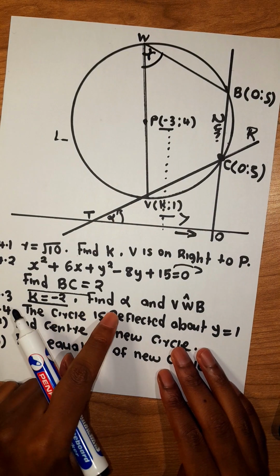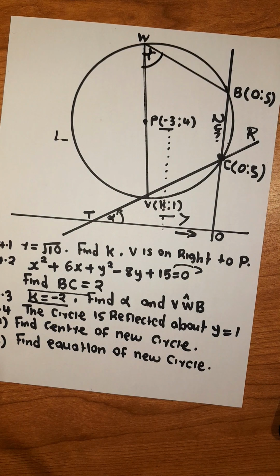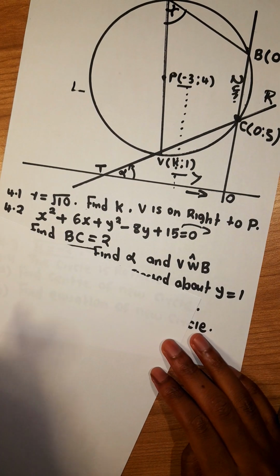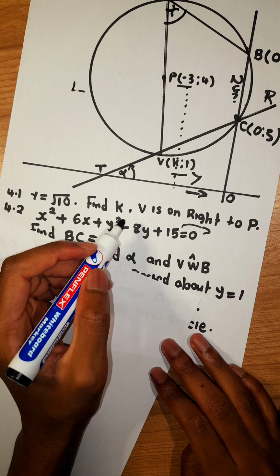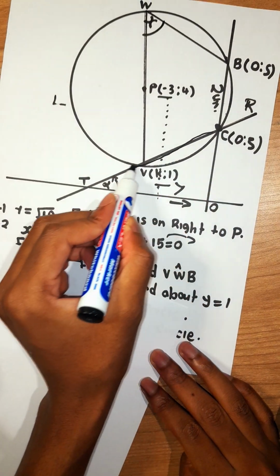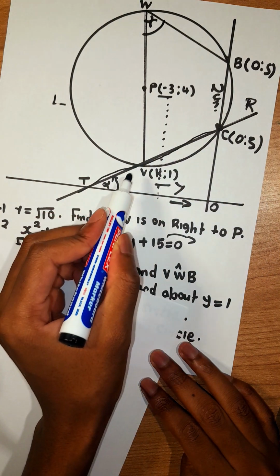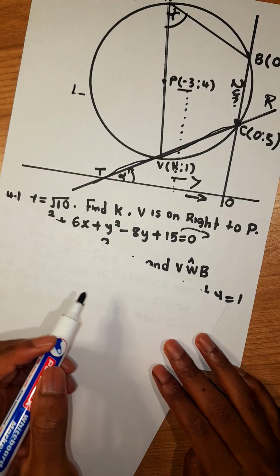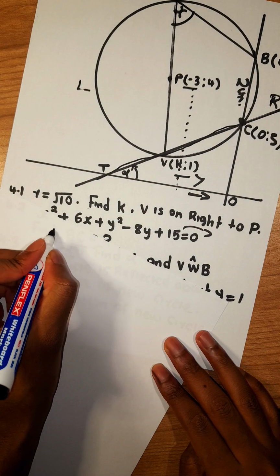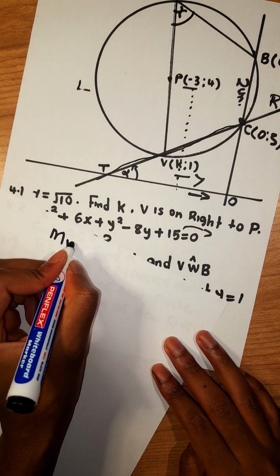Now, let's find alpha first. How can we find the angle of alpha? Well, for the angle of alpha, we can just find the gradient of this line. If we find the gradient of this line, we can use tan to find alpha. So what is the gradient of VC?